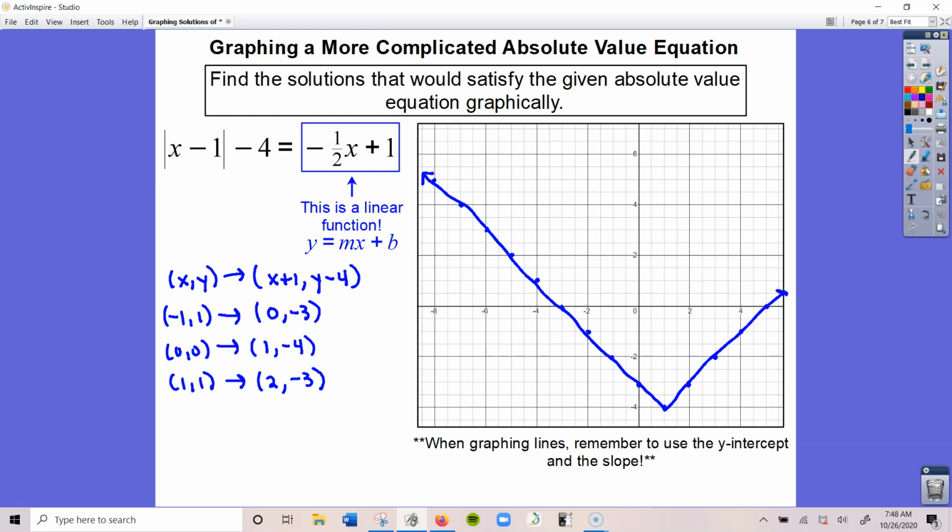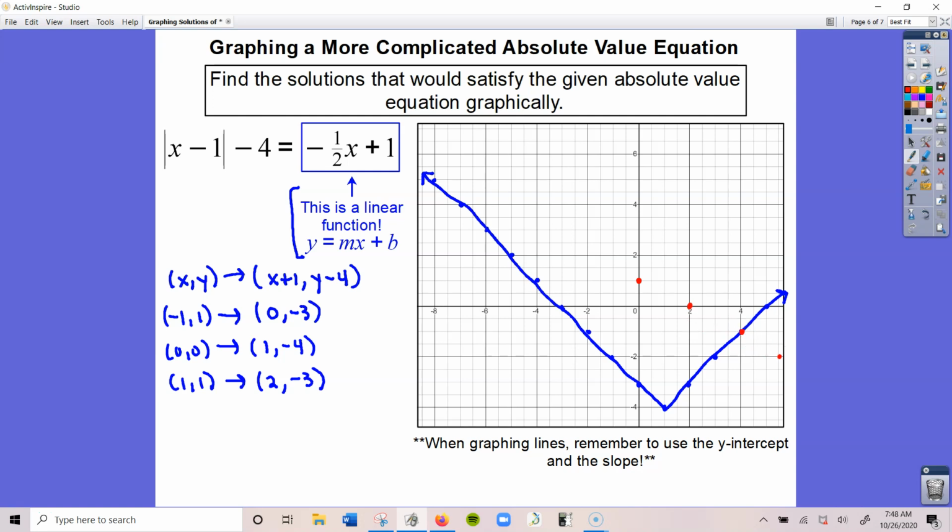Now, to graph the second part here, negative 1 over 2 x plus 1. As I wrote here, this is a linear function. y is equal to mx plus b. So what that means is we're going to graph this line. Remember that we use the y-intercept first. So I'm going to put my first point at the y-intercept, which is at 1. And the slope here is negative 1 over 2, meaning I'm going to go down 1, right 2. Down 1, right 2.